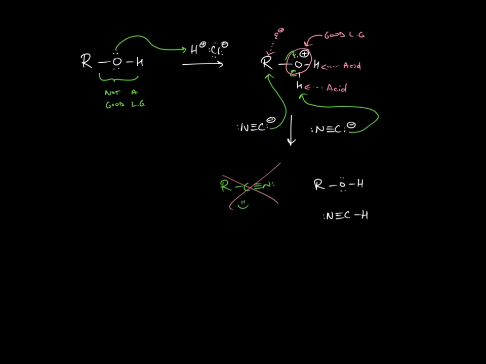What I'd like you to do is review the list of very good leaving groups and see if there's something besides an O+ that we can turn an alcohol into relatively easily in order to make it a good leaving group. Because OH itself is not a good leaving group. OH with an extra hydrogen is a good leaving group, but unfortunately it's not going to give you a lot of substitutions. Instead, it gives you a lot of acid-base. So look and see what else you think would be a reasonable candidate.